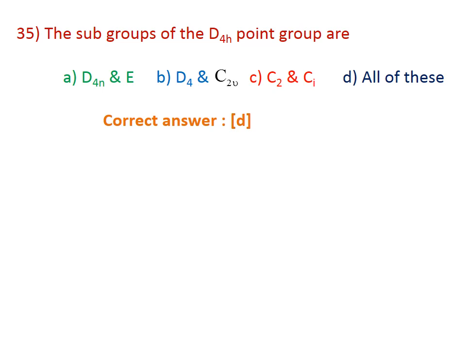Number 2, the order of the higher group divided by the order of the subgroup should be an integer. All the subgroups satisfy the characteristics of a subgroup. Therefore, all these are subgroups of the point group D4h. The correct answer is D.